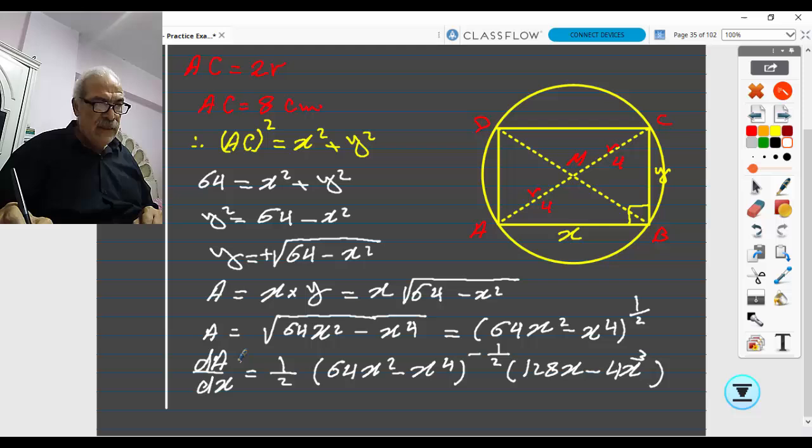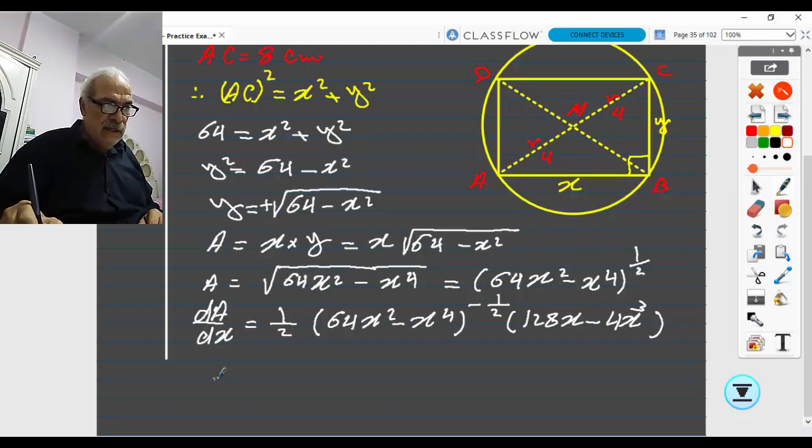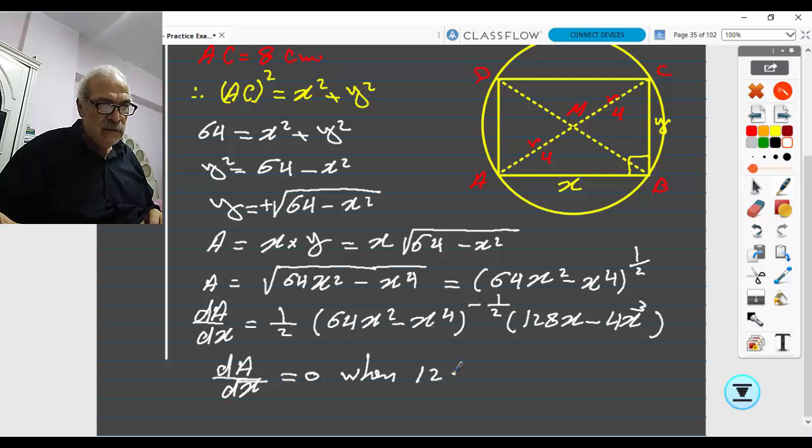When dA/dx equals 0, of course it equals 0 when the numerator equals 0. So dA/dx equals 0 when 128x minus 4x power 3 equals 0.